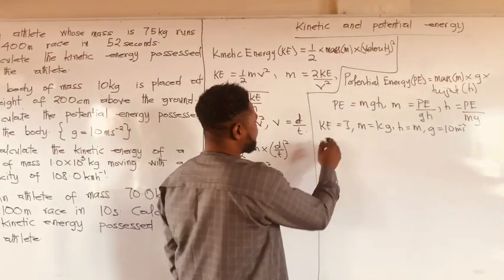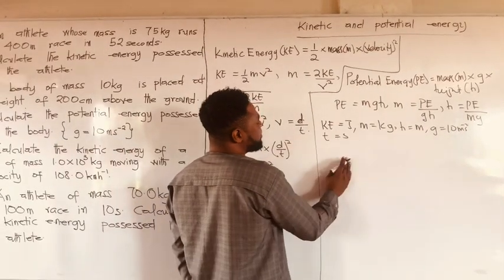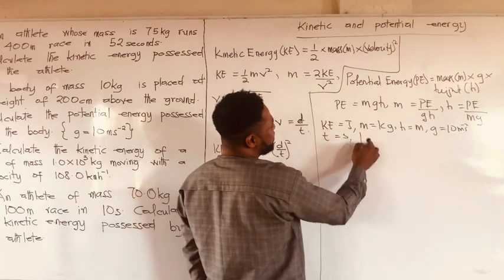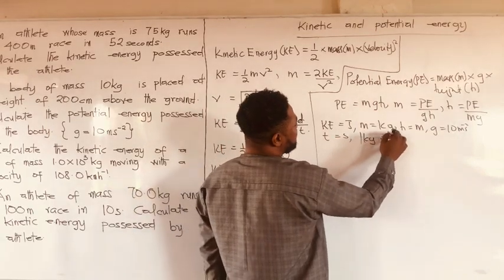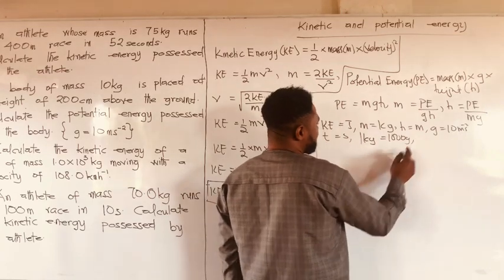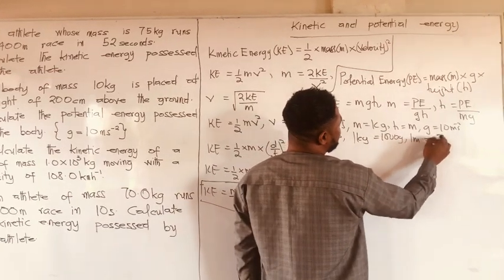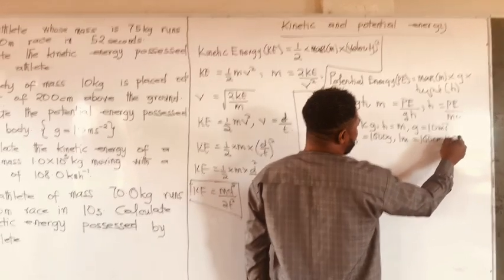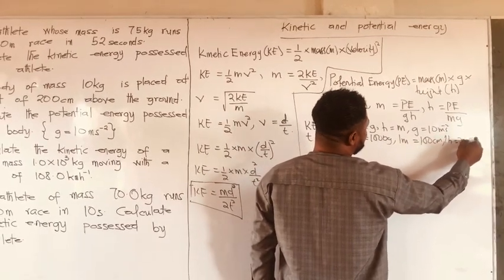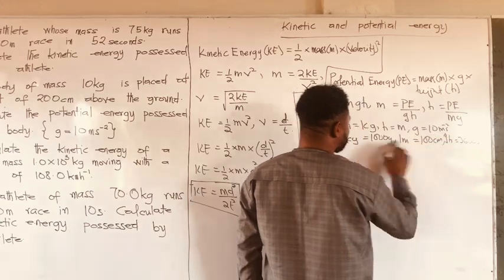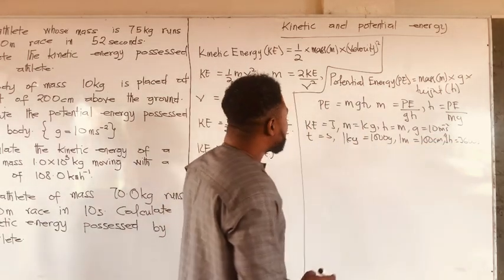And our time is measured in seconds. And we should be able to know that 1 kilogram is equal to 1,000 grams as a unit conversion. And also 1 meter is equal to 100 centimeters. And also 1 hour is equal to 3,600 seconds. So we can use these conversions to do calculations.